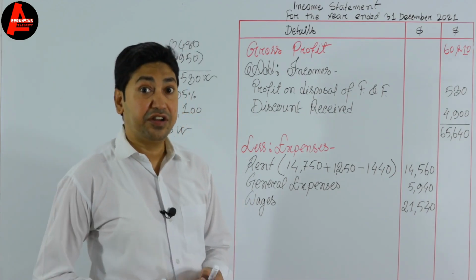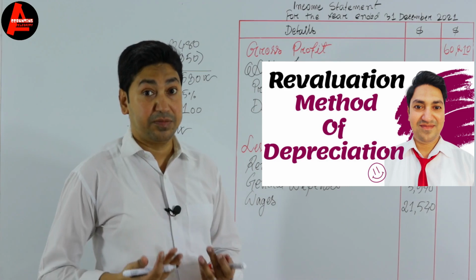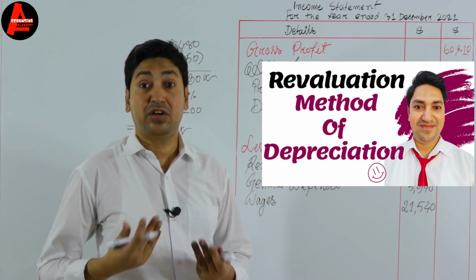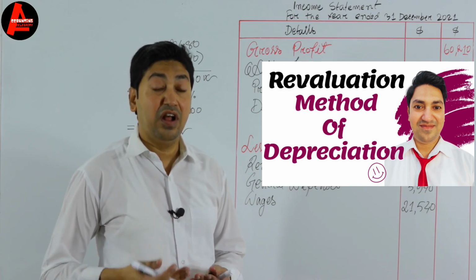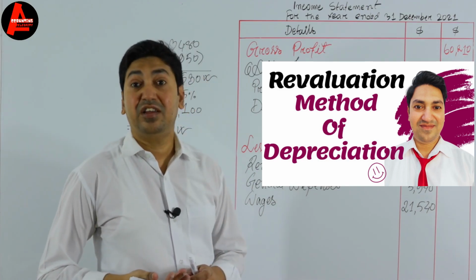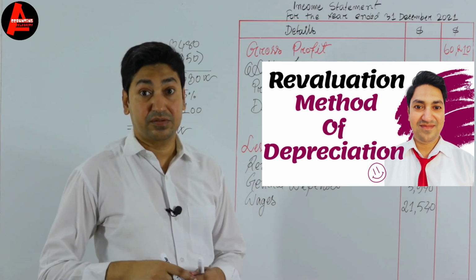I already made a video on this topic, in the depreciation chapter. It is a different method, the revaluation method. I recommend you watch that video on how we calculated depreciation for furniture and fittings. You will get the link in the description box.